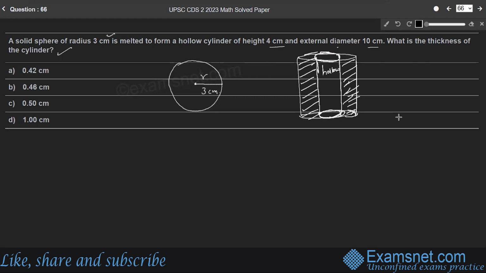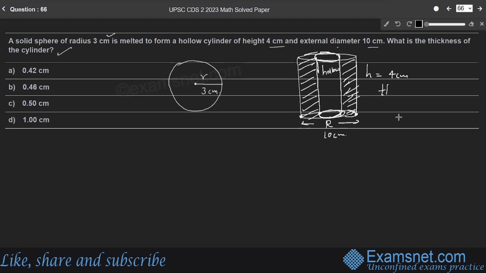Now the height of the cylinder is given, which is 4 centimeter, and the external diameter, from one end to another end. Let R be the external radius. Now what is the thickness of the cylinder?